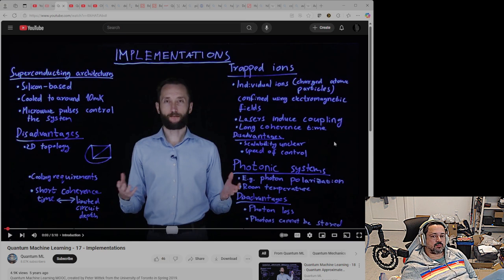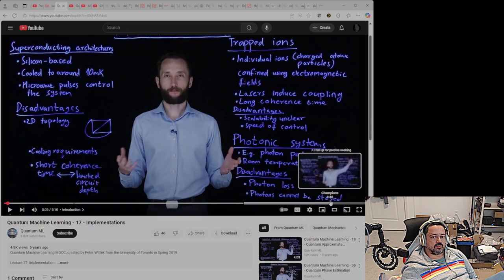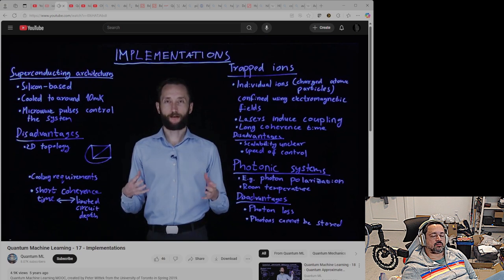Long coherence times; the disadvantages are that scalability is unclear and speed of control, though neutral atoms have scaled pretty well, it seems. Photonic systems, for example photon polarization, room temperature. Disadvantages: photon loss, photons cannot be stored. Okay, an abstract description of gate model quantum computers.